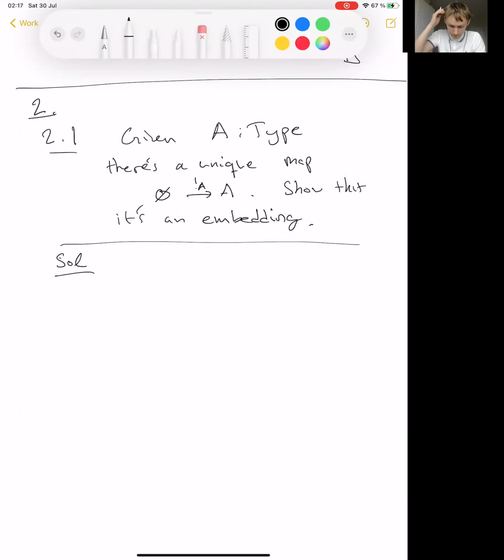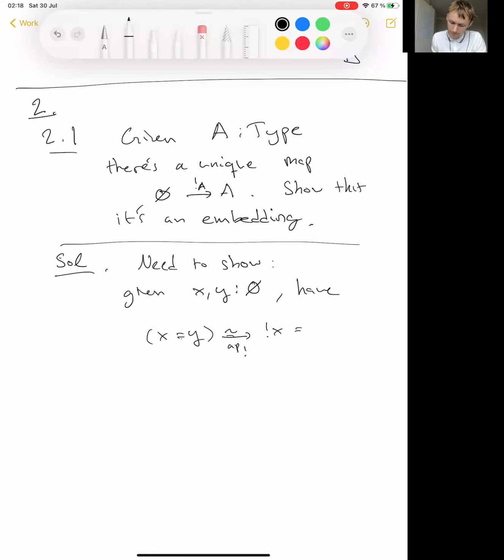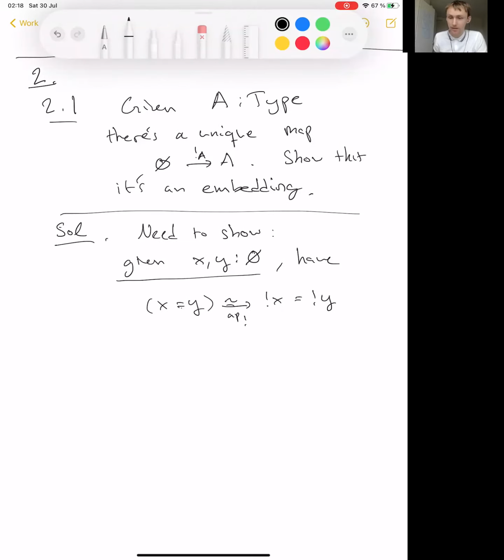The proof of this is really silly because, in order to prove that it's an embedding, we need to show that given X and Y in the empty type, we have X equals Y is equivalent, via app of exclamation mark, to exclamation mark X equals exclamation mark Y. Well, here we're done, because if we're given X and Y in the empty type, we can immediately apply empty elimination on X, and anything follows if you have something in the empty type, so we're done.